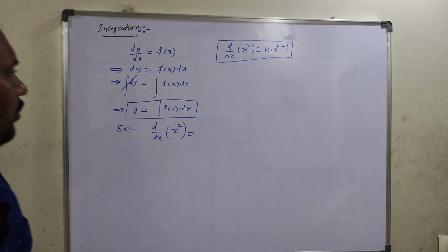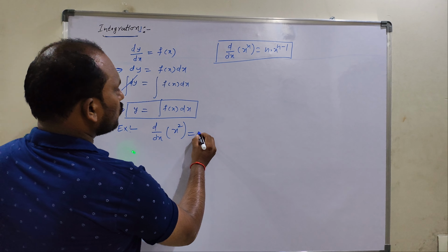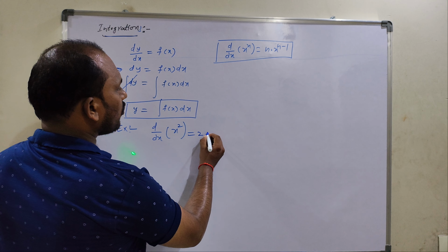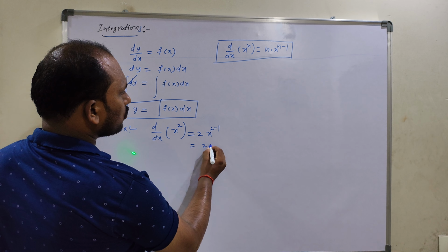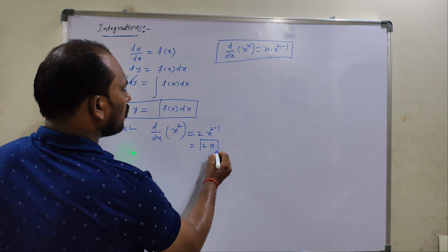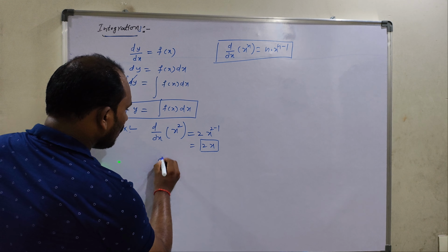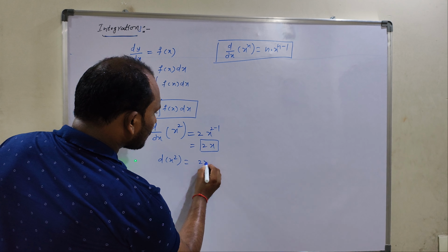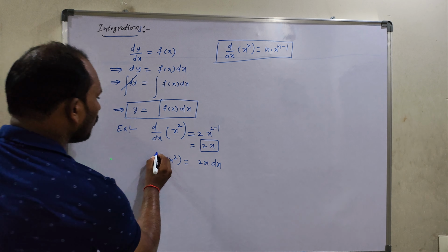So dy by dx of x square is 2 into x power 2 minus 1, which is equal to 2x. So according to the above logic, d of x square is equal to 2x into dx. Now I have to operate integration on both sides.